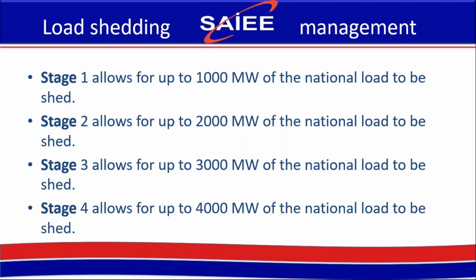On stage 1, you need to shed 1,000 megawatts. But here we need to understand this 1,000 megawatts. You can shed it anywhere; there is no specific place that you should shed. But if you look at your NRS standard, it dictates that you need to shed everyone equally.